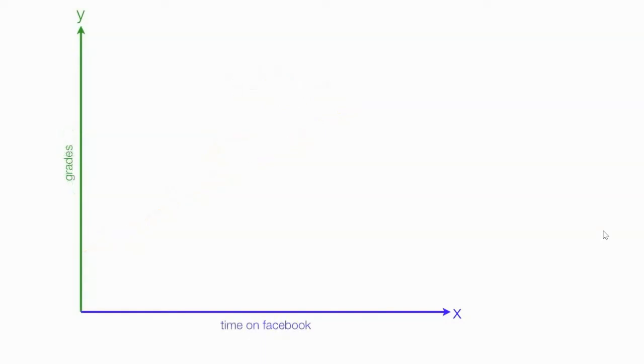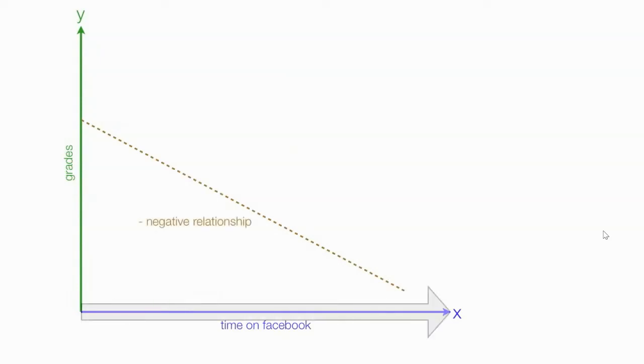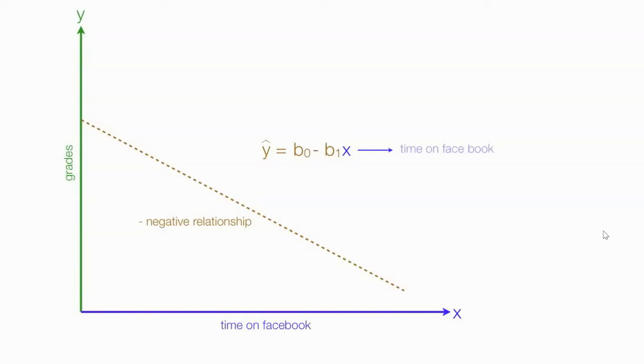Now, if I change the x-axis to time on Facebook, we see a negative relationship. More time on Facebook, grades will suffer and go down. A negative relationship. What we're estimating is still grades. Estimated grades is equal to b naught minus b1 times x, where x is time on Facebook.